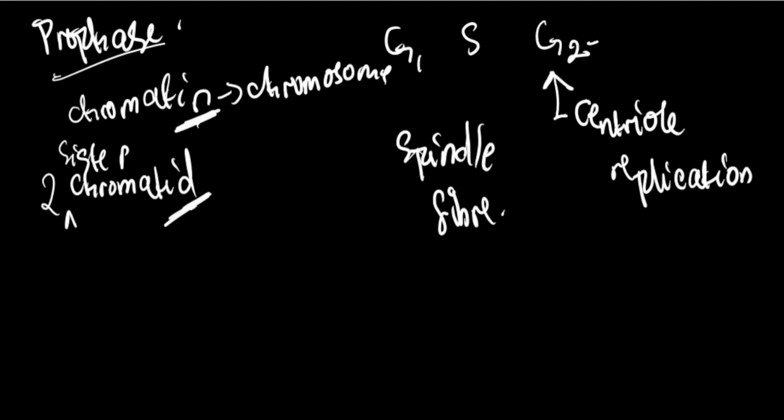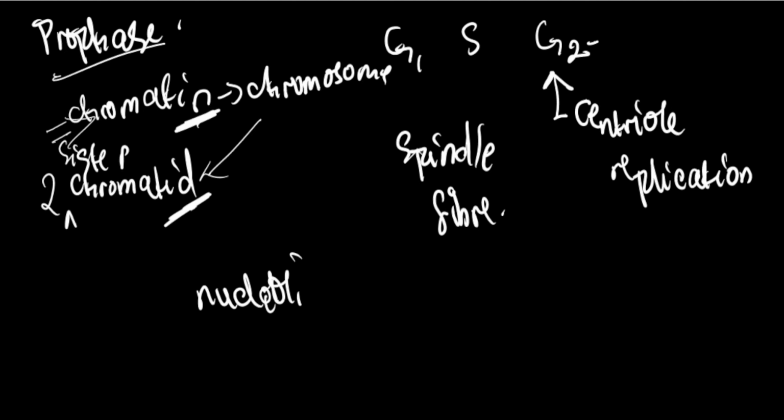Okay, we also have the disappearance of the nucleoli. Okay, so we have condensation of chromatins into chromosomes, which are made up of two sister chromatids. We have the disintegration of the nuclear envelope, as well as the disappearance of the nucleoli, okay, during the prophase.